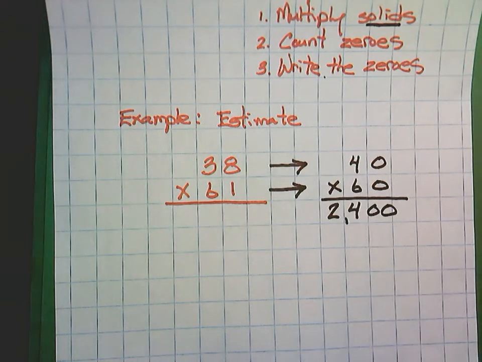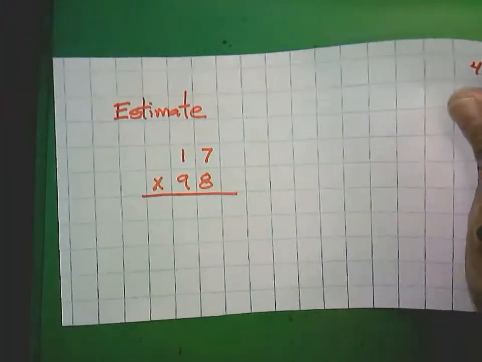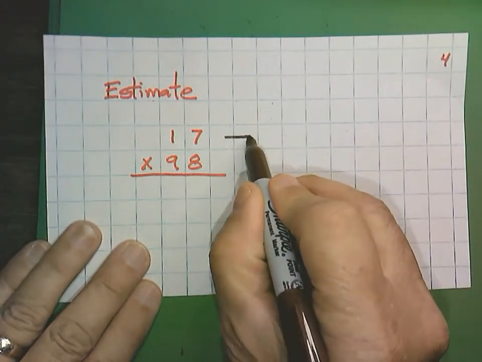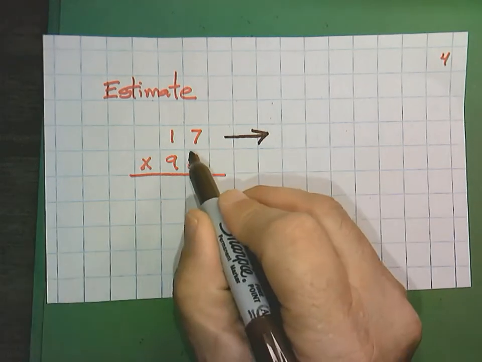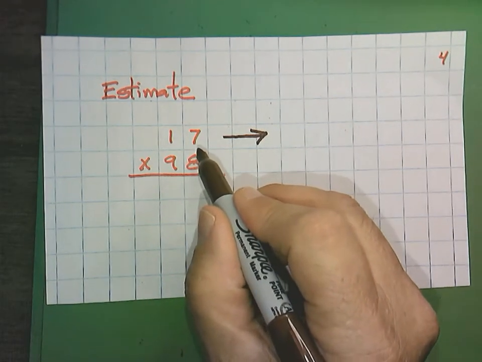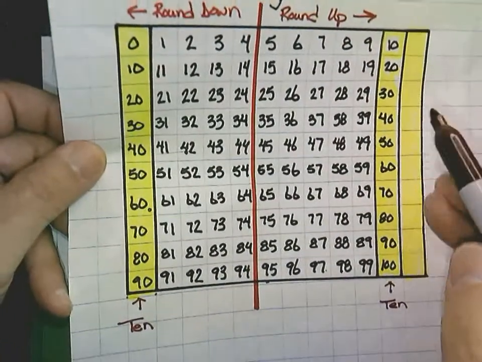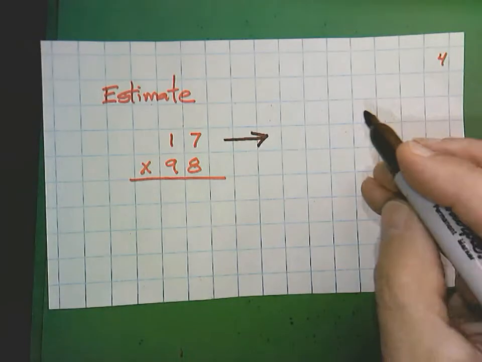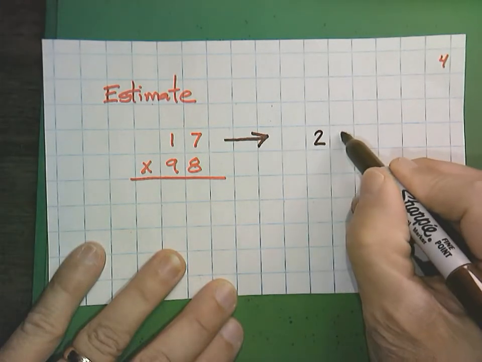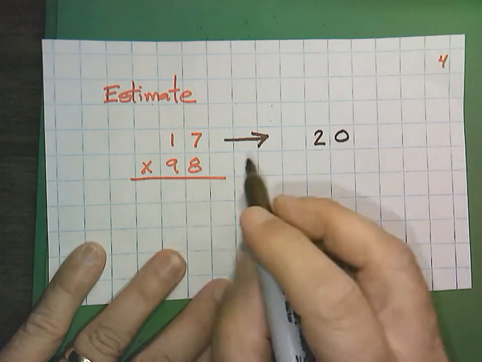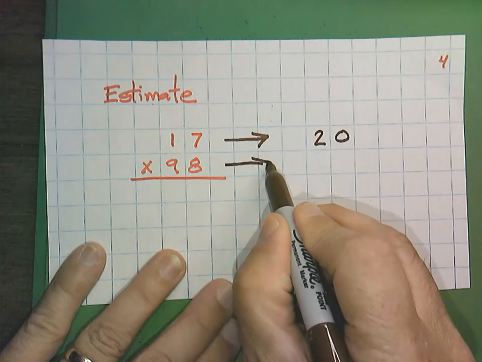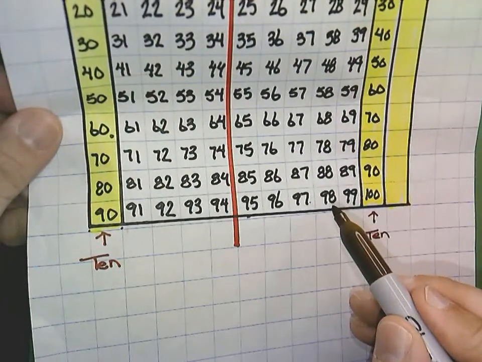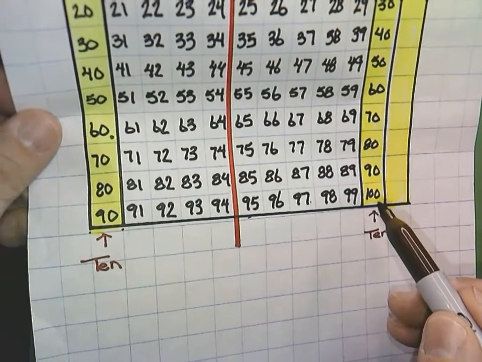Let's try another one. Estimate 17 times 98. There it is, and 17 would round up to 20. 98 rounds up to 100.